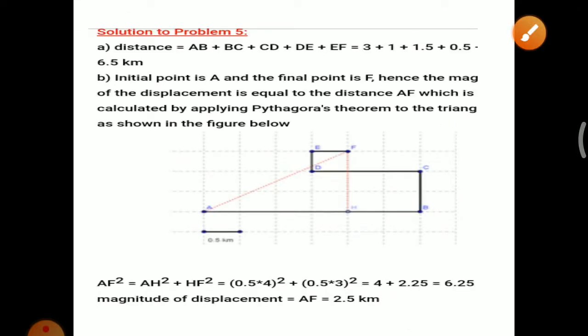I hope you understood how to calculate the distance and the displacement in a rectangular shape, circular shape, or any other shape. The displacement is nothing but the final position minus initial position. Using the Pythagoras theorem, we can calculate the displacement, and distance we can calculate directly from the object's covered position.